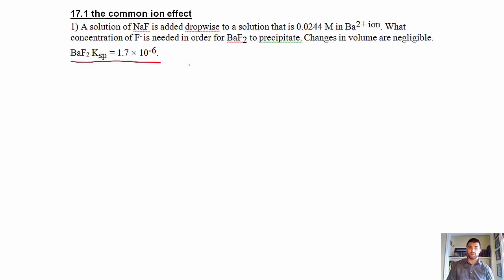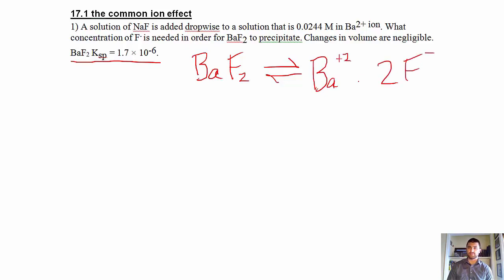So first off, let's talk about what's happening. If we had BaF₂ and we're adding it to water, it would dissociate to give us Ba²⁺ and 2 F⁻, right? So this starts off as a solid and it ends up as aqueous ions.